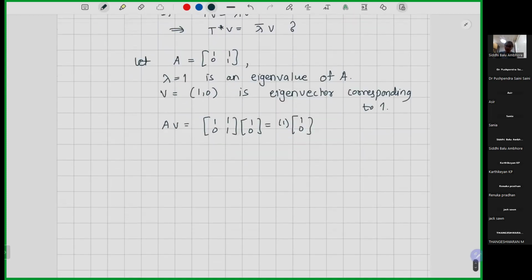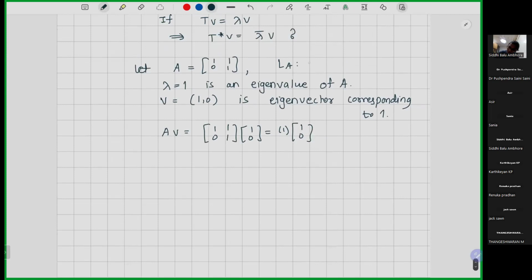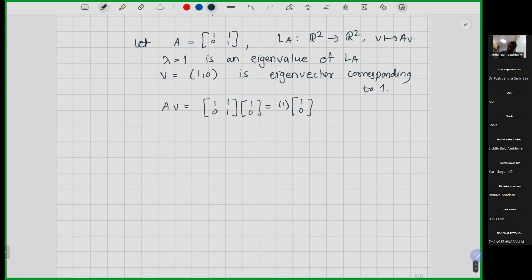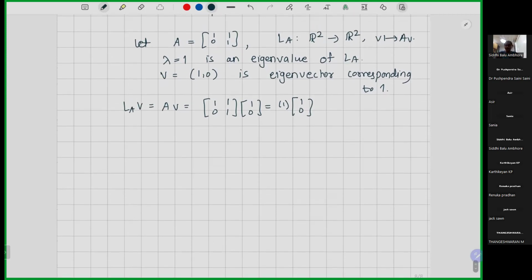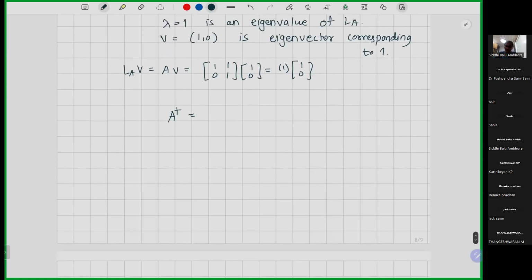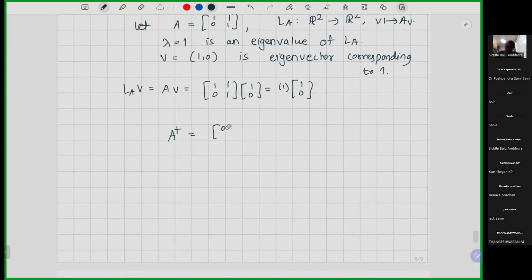Okay, so A is there, and we can say L_A is from R2 to R2 such that V goes to AV. Let me just write this. At any moment, if you think that I'm doing something which is not understandable, please let me know. Then A dagger will work as the matrix for L_A star. So what is A dagger? Again, the conjugate transpose of (1, 1; 0, 1).